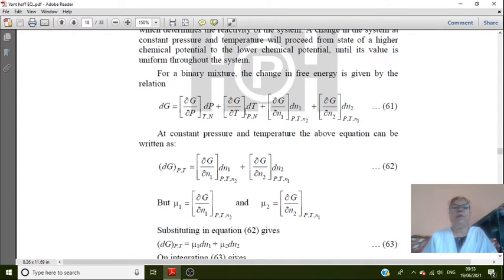Suppose we have two chemical constituents and we can write the change in free energy as dG. It is equal to ∂G/∂P into dP at constant temperature and the moles of the two constituents, plus ∂G/∂T into dT at constant pressure and number of moles, plus ∂G/∂N1 into dN1 at constant pressure, temperature and N2, plus ∂G/∂N2 into dN2 at constant temperature, pressure and N1.